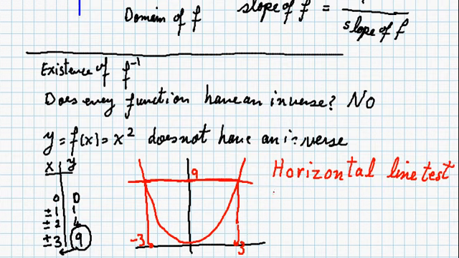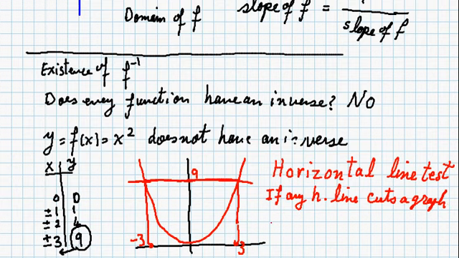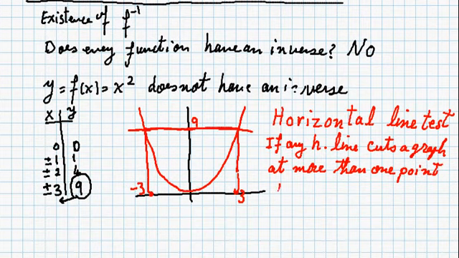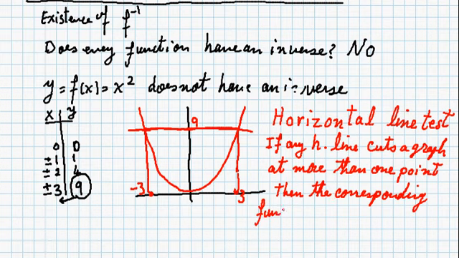It says if any horizontal line cuts a graph at more than one point, then the corresponding function of that graph does not have an inverse.